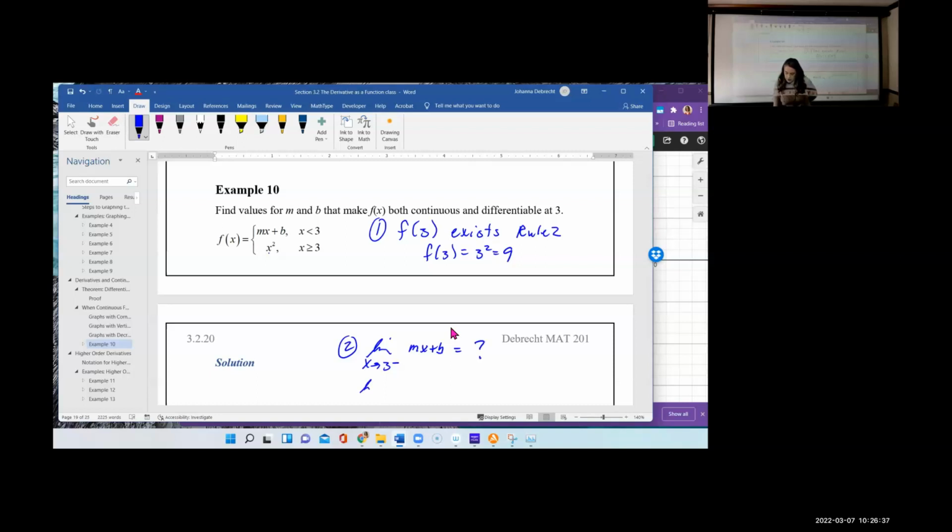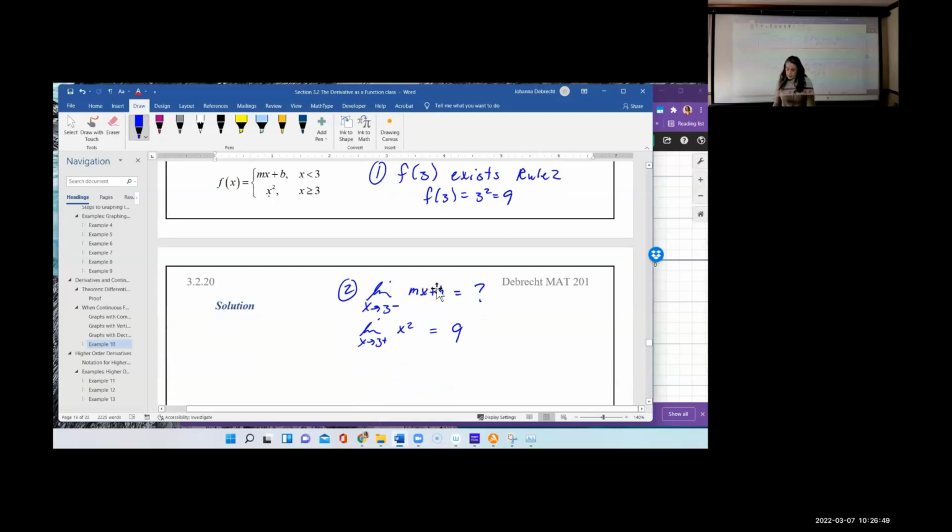And then I've got to find the limit as x approaches 3 from the right, which is going to be the x squared. And this is going to approach the value of 9. All right. So I've got to find values for M and B that would make the limit from the left be 9. And then that would exist because all 3 of them would be the same value.